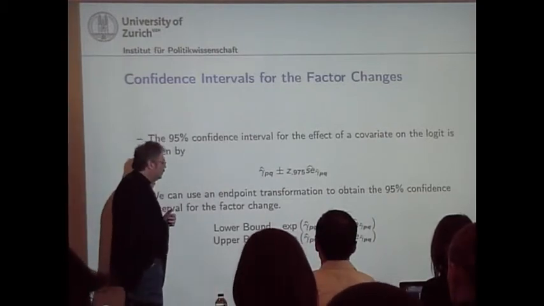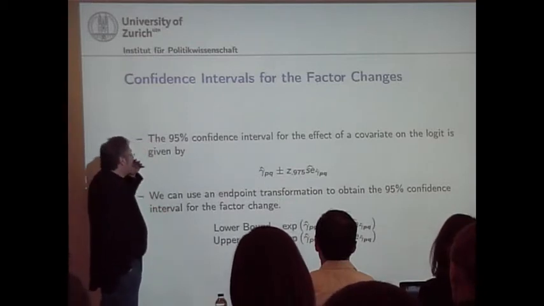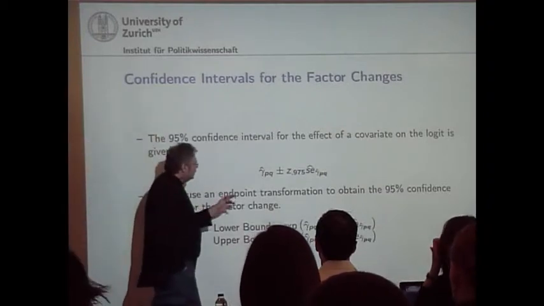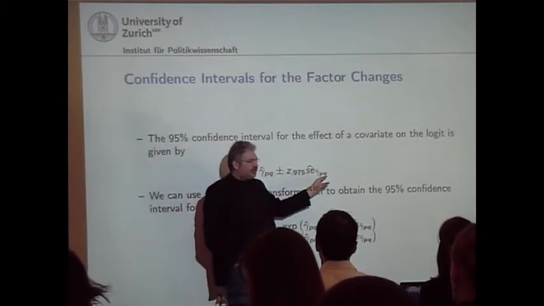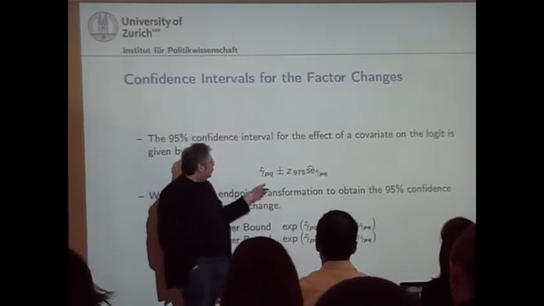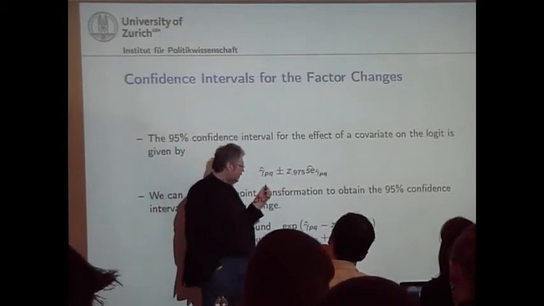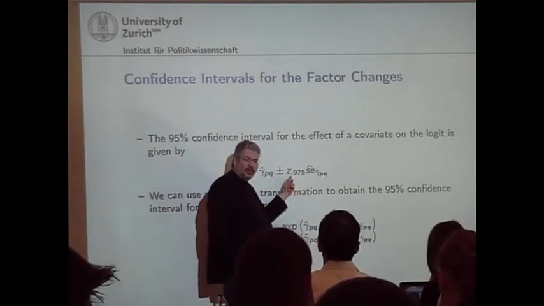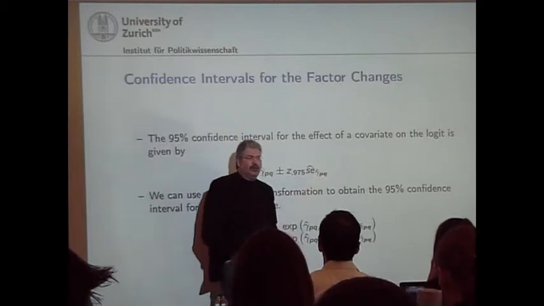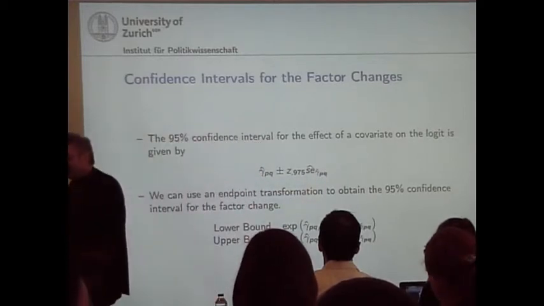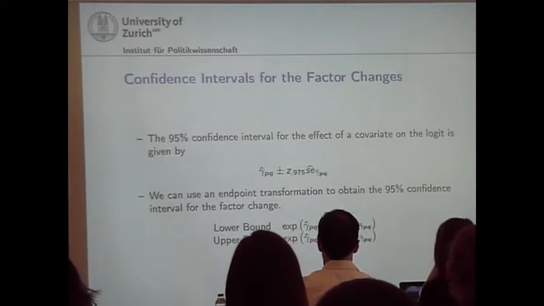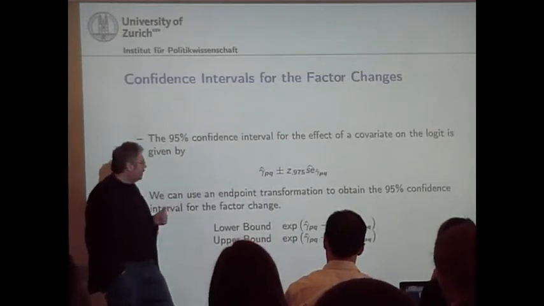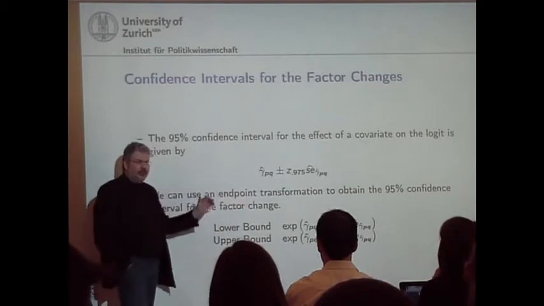And we can do this fairly straightforwardly, because the effect of the covariate on the logit has a 95% confidence interval equal to the estimate plus or minus some critical value C, which happens to be 1.96, times the standard error of the estimate. And to turn that into a confidence interval for the odds factor change, you use something known as endpoint transformation.